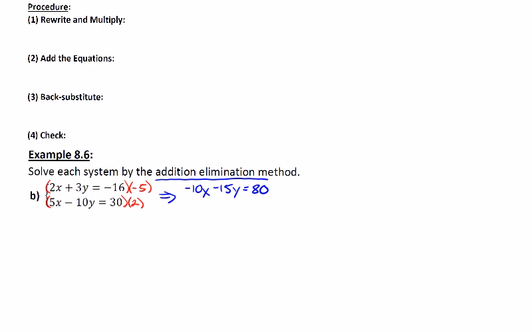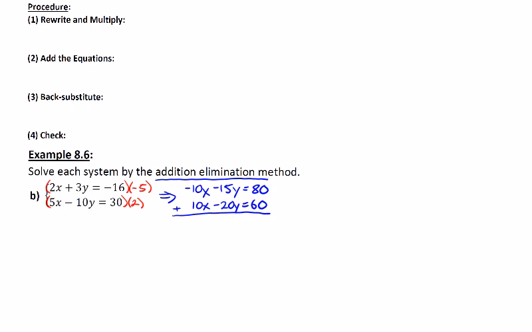And the second equation, we'll rewrite it as well. It's going to give me positive 10x minus 20y is equal to 60. And these are the versions of my equations that I want to do my addition with.